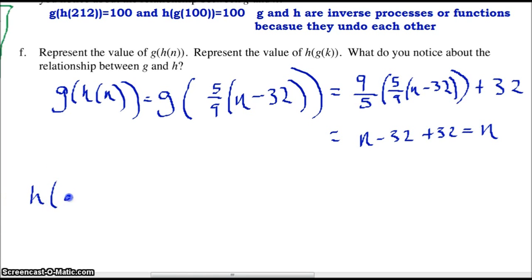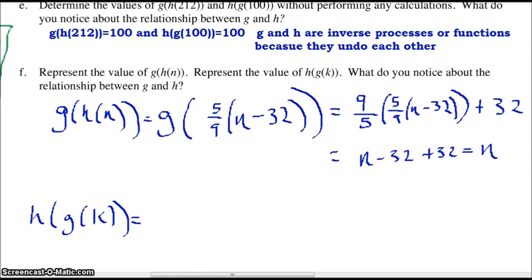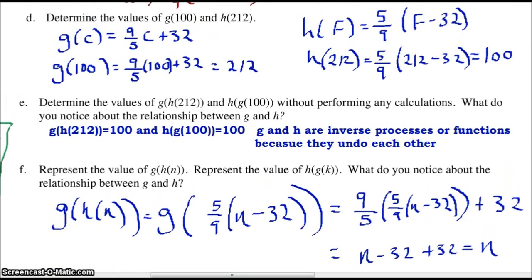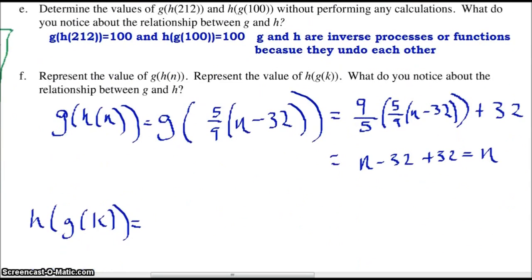h of g of k. Well, g of k, if we look back up here, g of c is 9/5 c plus 32. So g of k is 9/5 k plus 32. And we want to substitute this expression in as the input for h.